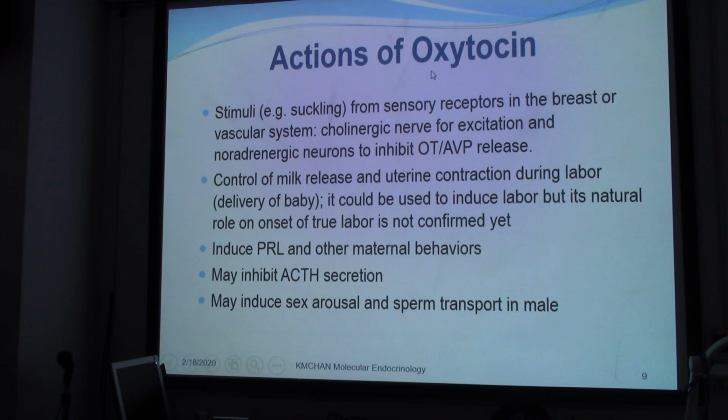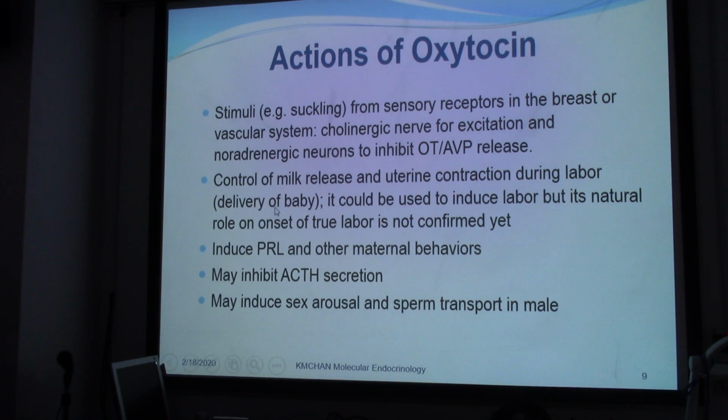The action of oxytocin comes from stimulation or suckling from the sensory receptors in the breast or vascular system. These are under the control of cholinergic nerves for excitation, and also antidiuretic neurons, which would inhibit the OT or arginine vasopressin release.